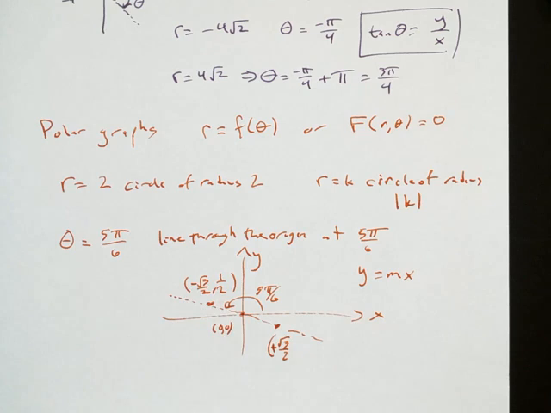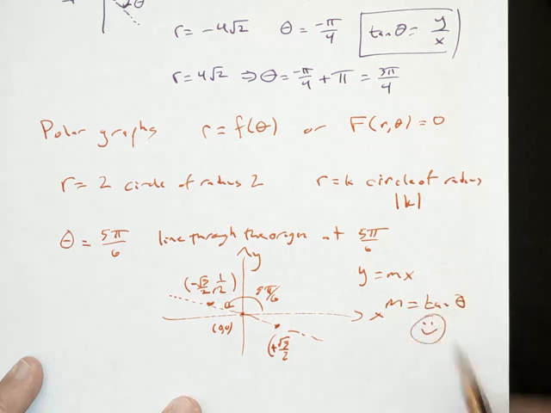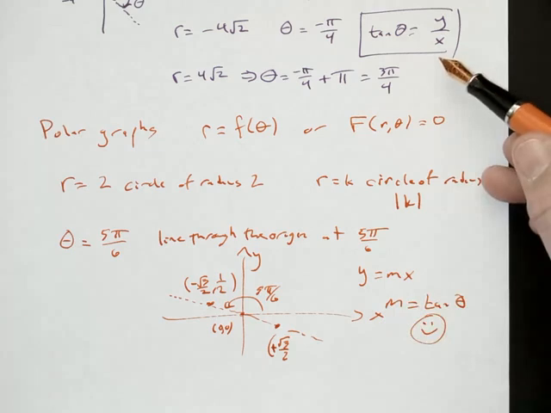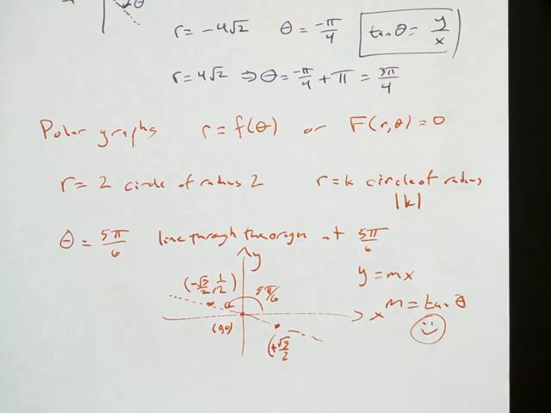Wait, sine over cosine is? Right up here in the box, tangent is y over x. I have the theta, tangent of theta in this case, is negative 1 over root 3. Oh, you sneaky booger.